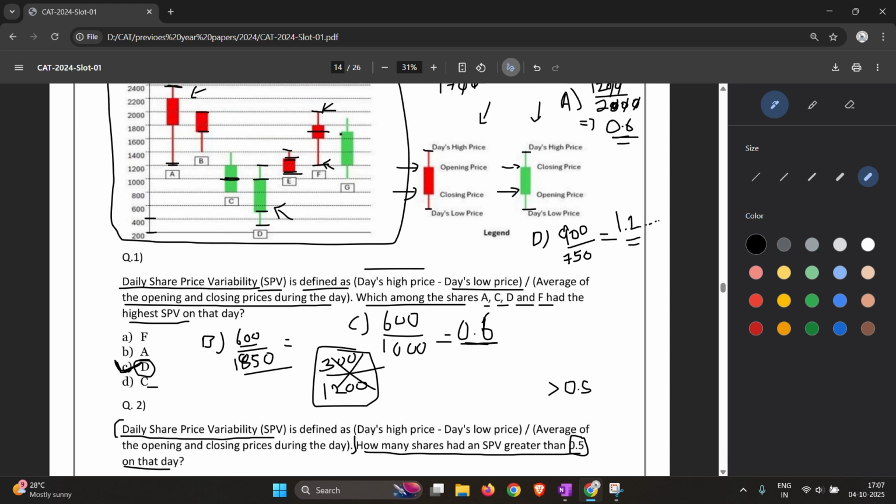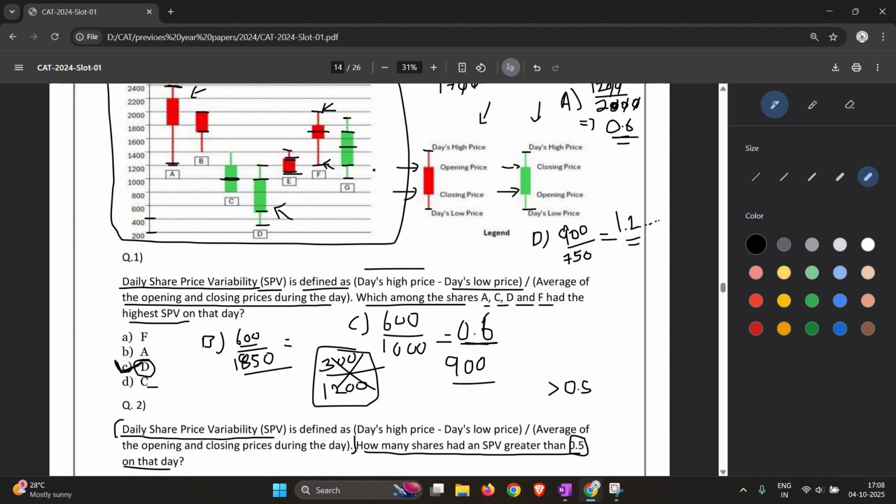Let's just quickly check for G. So G over here is 1900 and 1000. So 900 upon, what is the middle point for this? So this over here is 17 and this over here is 12. So what is the middle point between 17 and 12? It is somewhere over here.